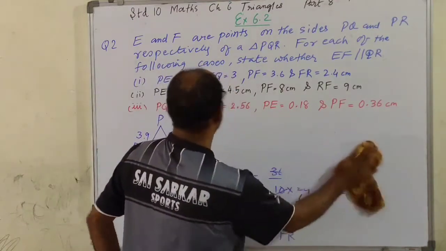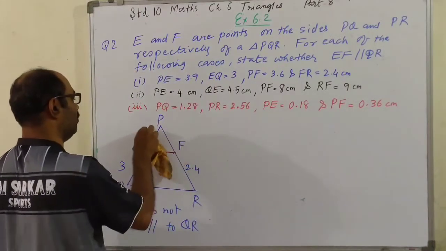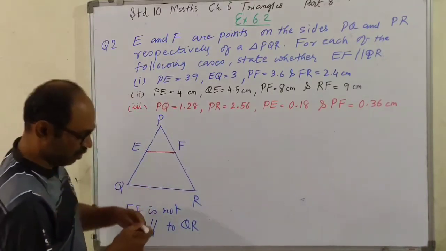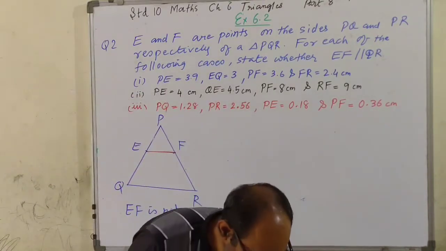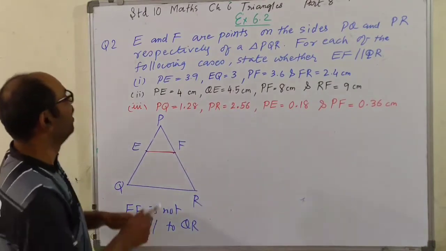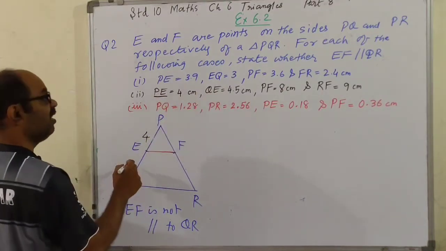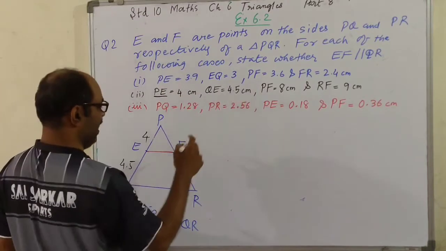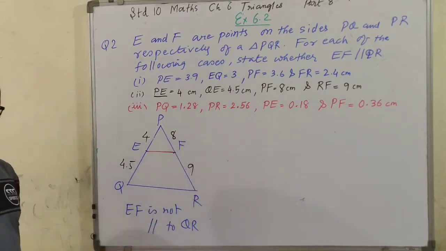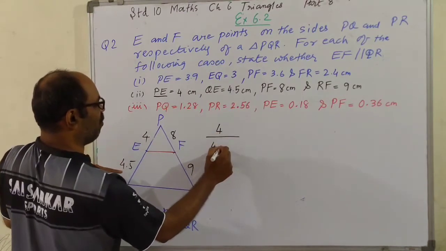Now let's see case 2. PE, I'll erase this part also. I'll take the black pen. PE is 4 centimeter, QE is 4.5 centimeter, PF is 8 and RF is 9. Again check. Children, I can do it quickly now. 4 upon 4.5.